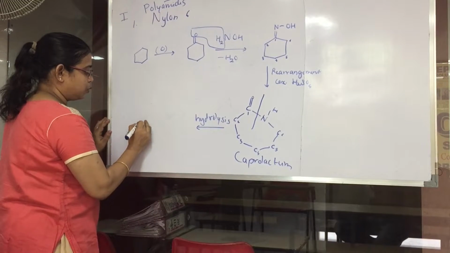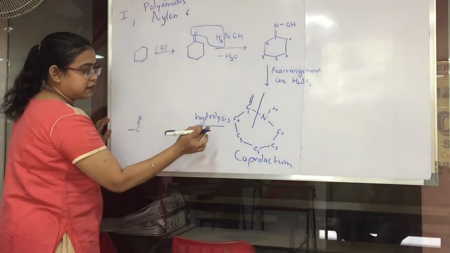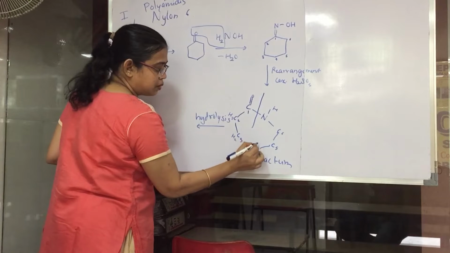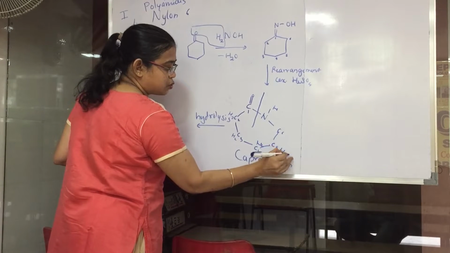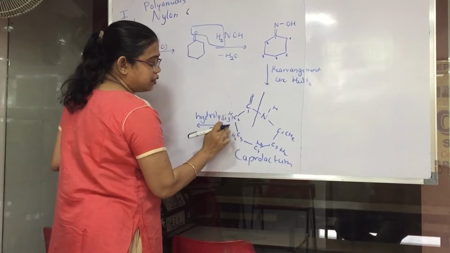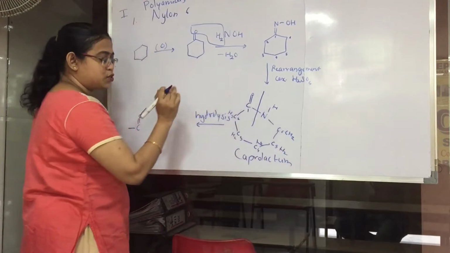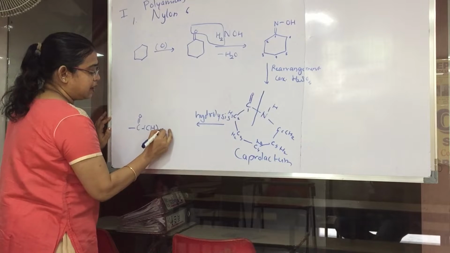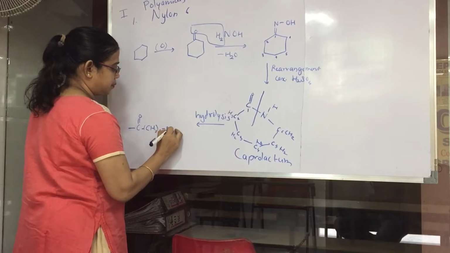So we will have CO, and how many we have? This is a CH2. This is again a CH2, a CH2, CH2, CH2. So we have 1, 2, 3, 4, and 5 CH2 groups. So let me write the 5 CH2 groups in this way, and then we have NH.